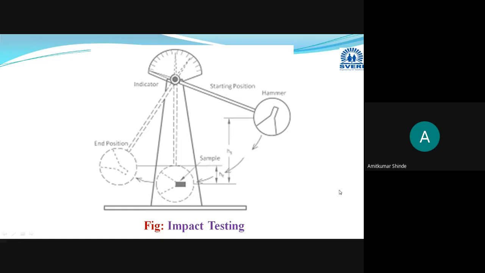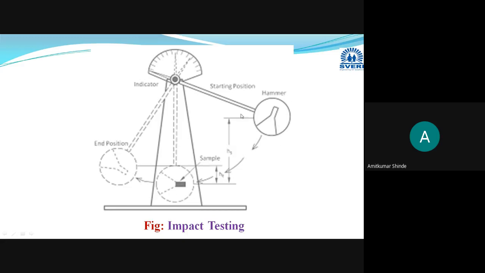Generally we are going to use the Izod impact test, and whichever test specimen we use here, we have already discussed this test in the metallurgy subject. On that specimen we are going to create a notch. One notch will be created, and the prepared specimen will be fixed here.